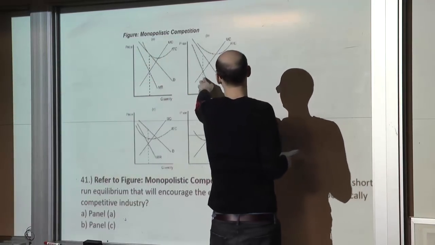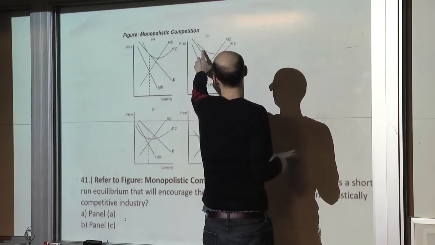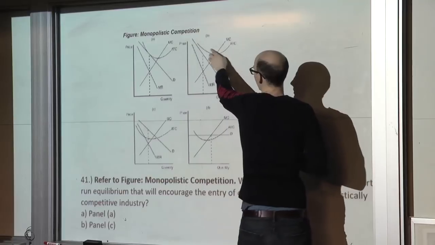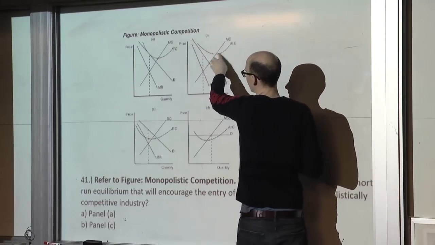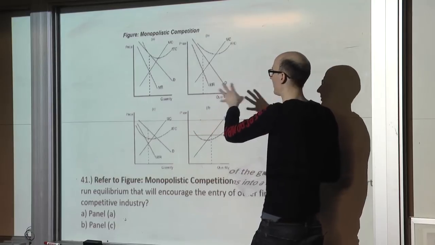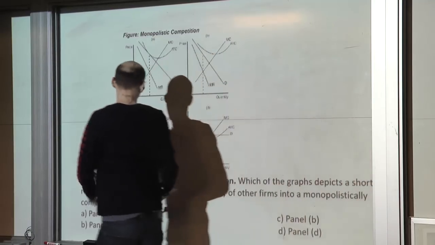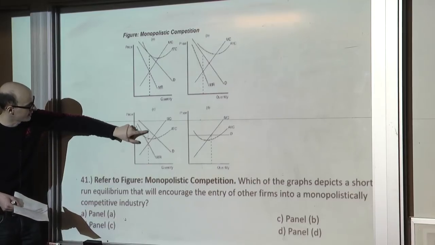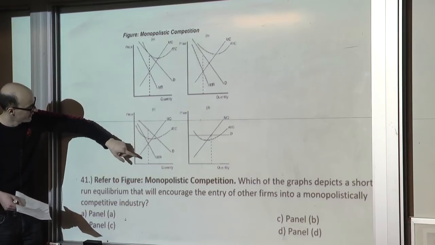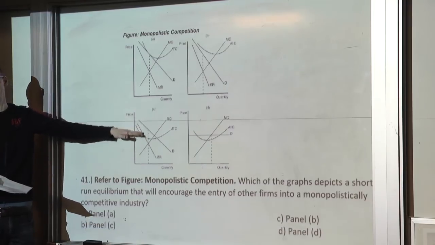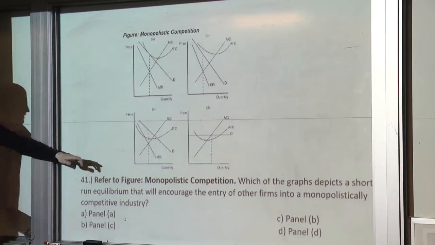Let's see, B, average total cost is higher than the markup price, so they're earning a loss. So no one's going to be attracted into a market where the firm in the market is earning a loss. C, we see that the price markup is above average total cost, so firms will be attracted into the market in this case.